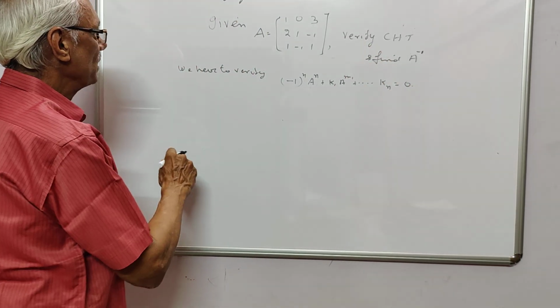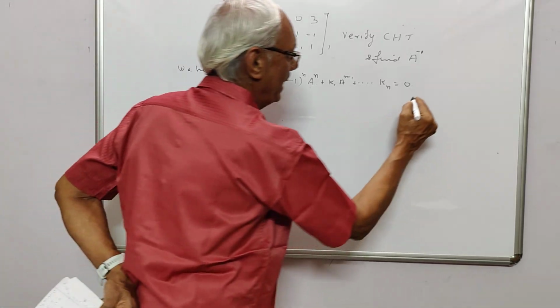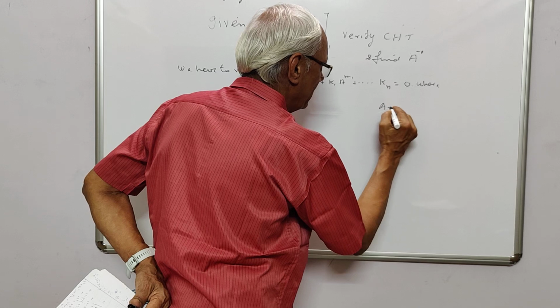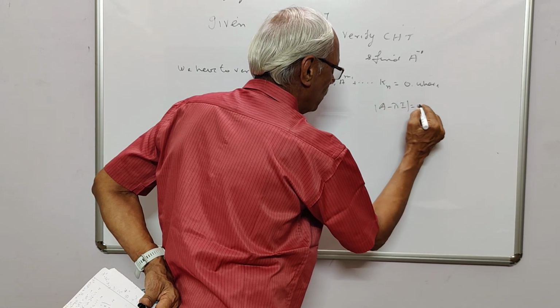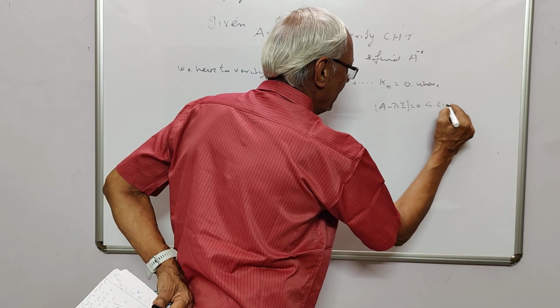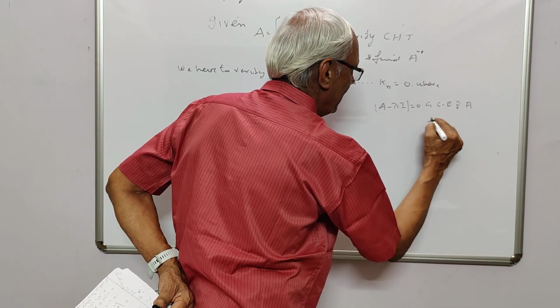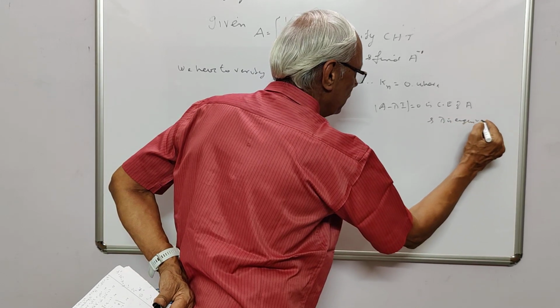Where A minus lambda I is equal to 0 is the characteristic equation of A, and lambda is the eigenvalue.